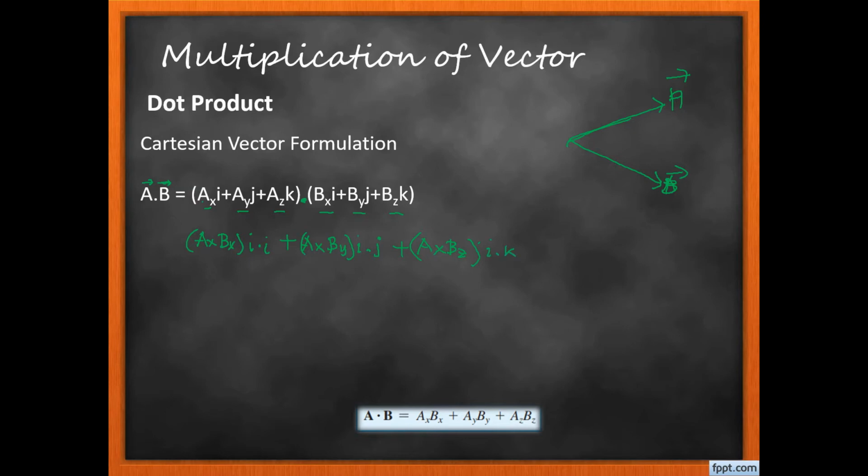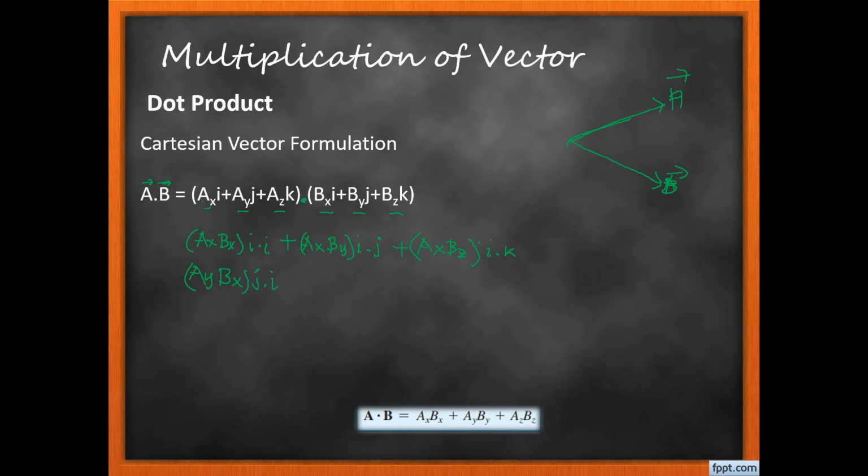Sa second term, meron tayong AY multiplied by BX, so yung ating variable is j and i.